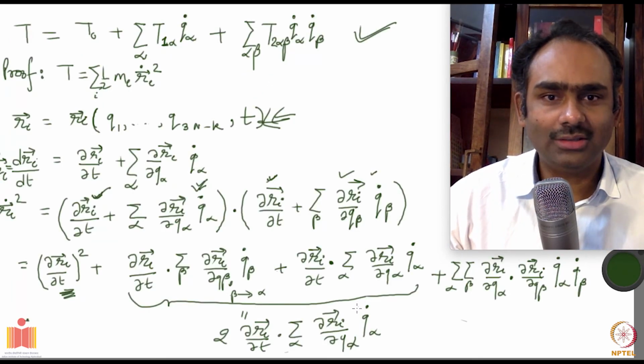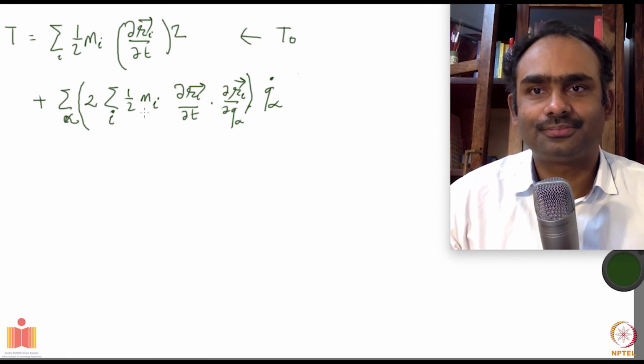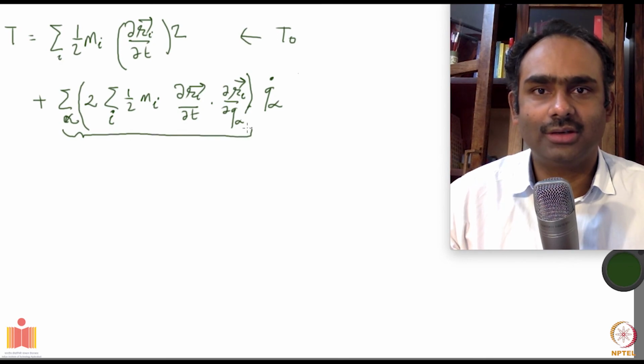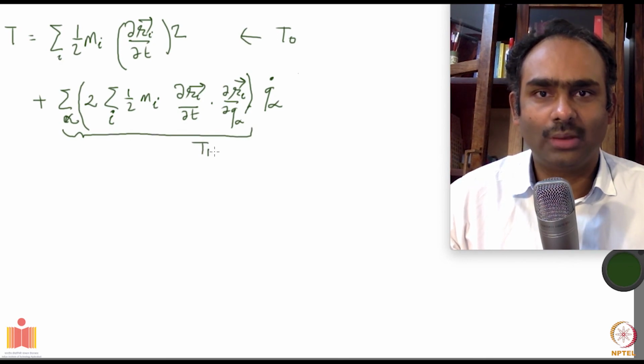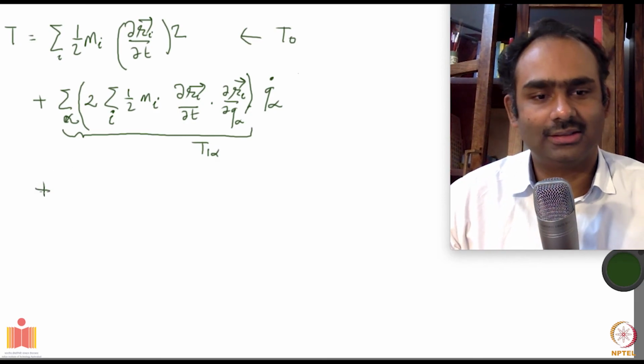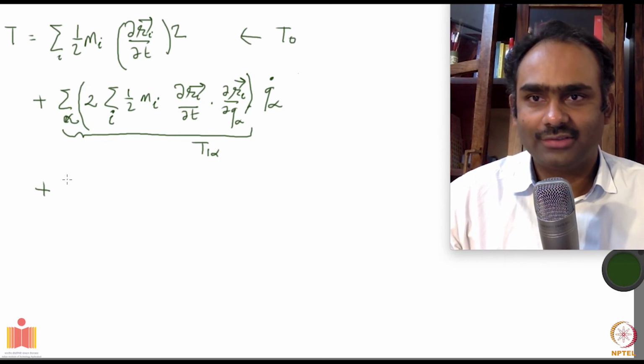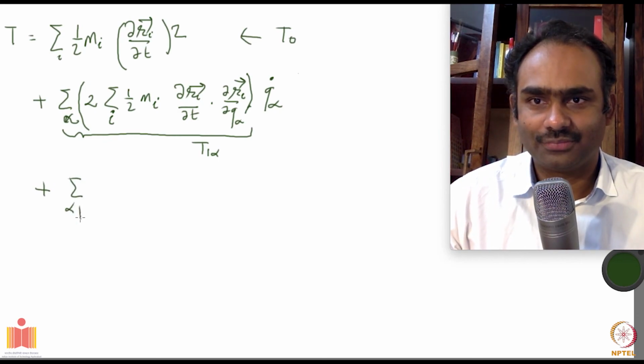Q alpha dot, this summation I have pulled out and the sigma over I have pulled in. So this is the piece, which is this piece. This entire thing is your T1 alpha. Good.